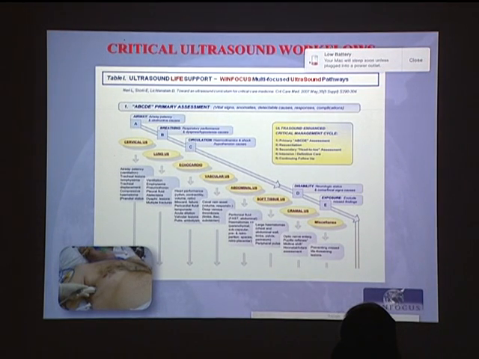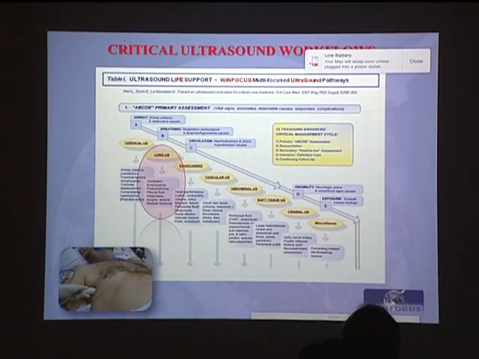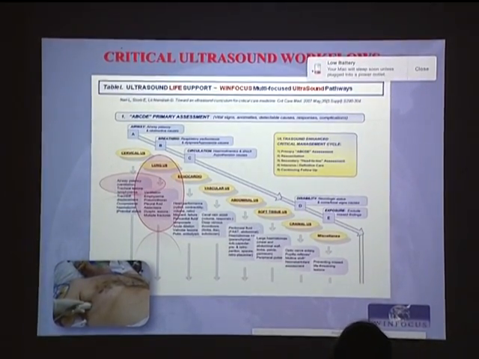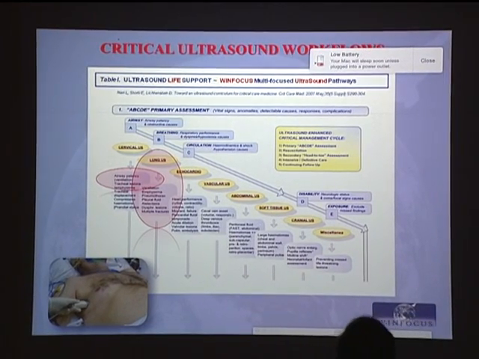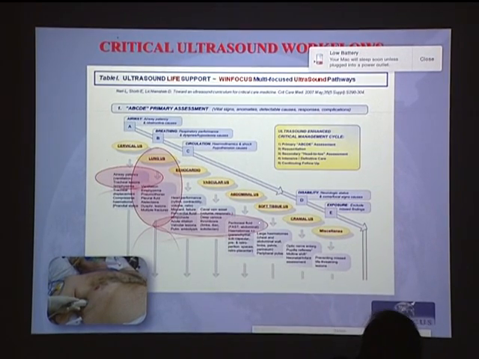Here you see again the ABCD compound of techniques, and you see that lung ultrasound is here. But obviously the respiratory assessment of the patient is not only an issue of lung, it's related to the airway and to the whole hemodynamic system.